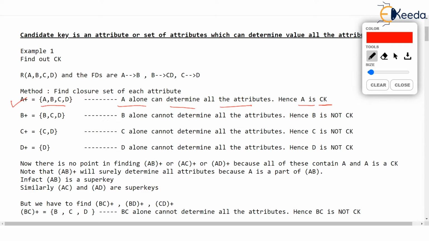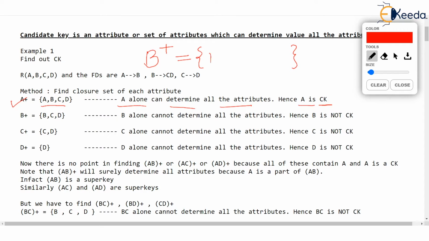Okay, A is the candidate key, but we are supposed to find all possible candidate keys. Who knows, B alone may also determine all the attributes. So let's try to find B plus, B closure. Will B determine all the attributes? B closure will contain B, definitely.